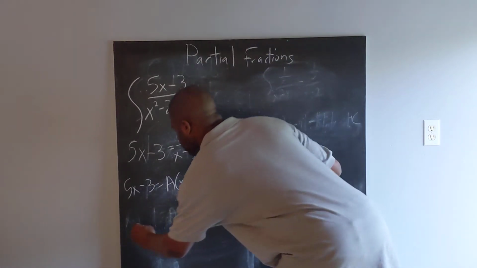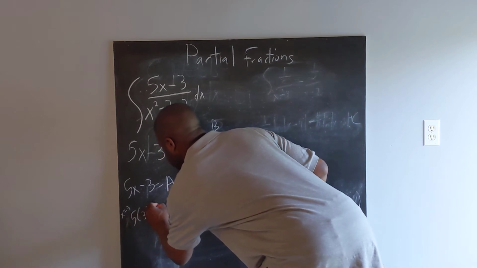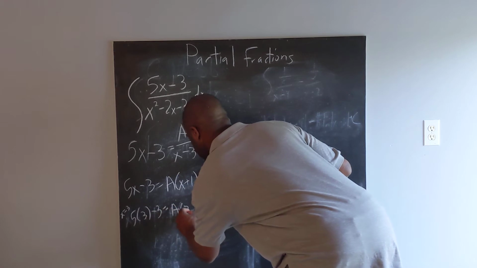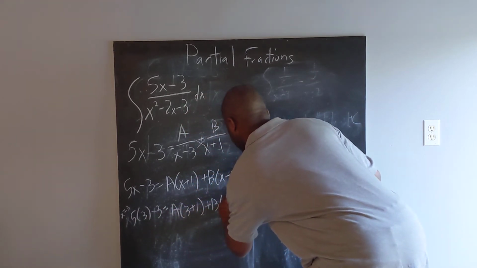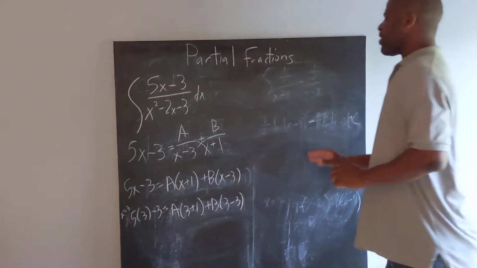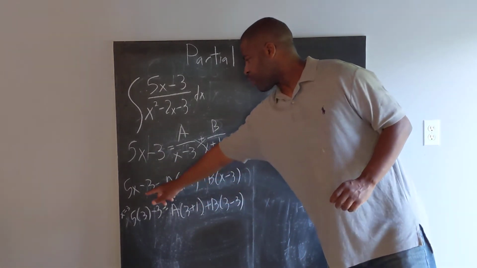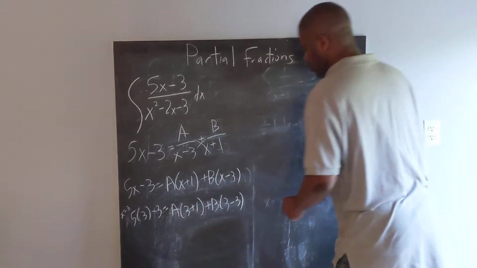So when x is equal to 3, I have 5 times 3 minus 3 equals a times 3 plus 1, plus b times 3 minus 3. Now the only thing I do, after I cross multiply, everywhere I see an x, I insert a 3, I substitute.